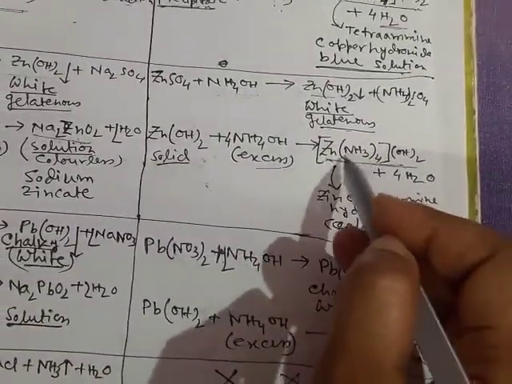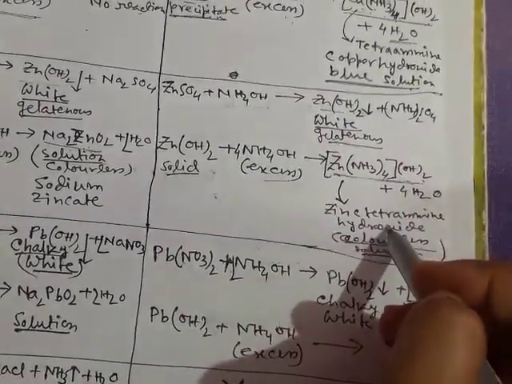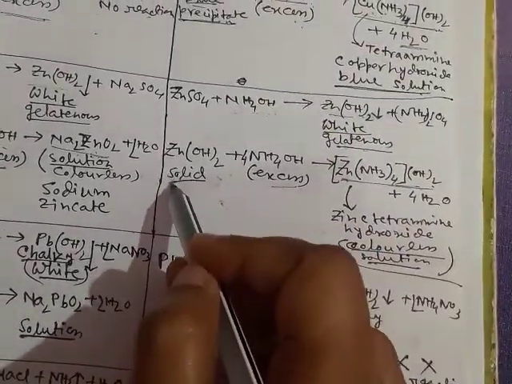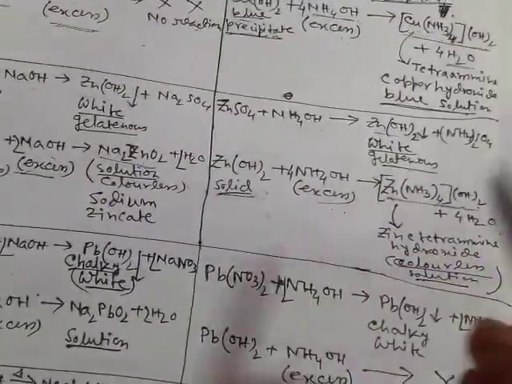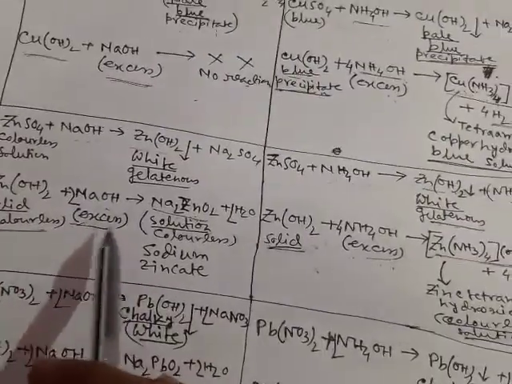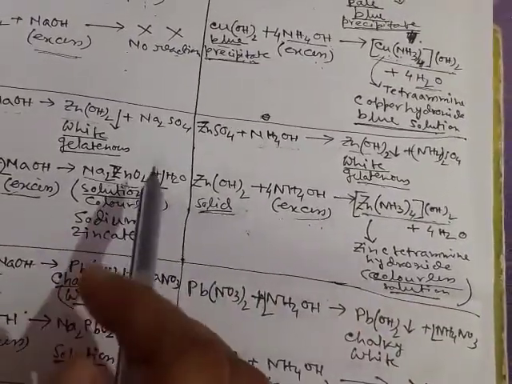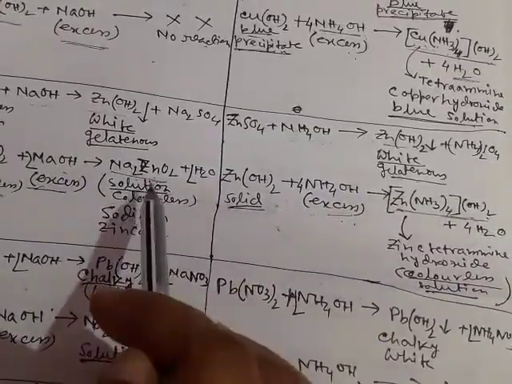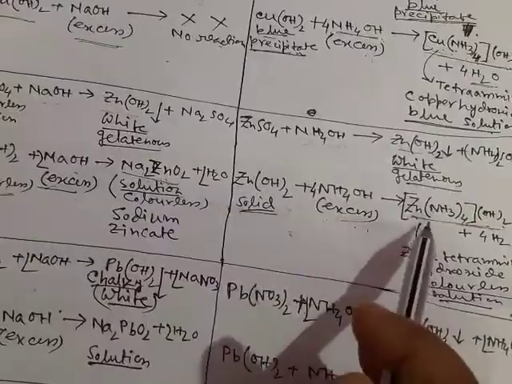The compound formed here, tetraammine zinc hydroxide, is also soluble in water, so the precipitate becomes soluble in the presence of excess ammonium hydroxide. So, for both sodium hydroxide and ammonium hydroxide, the precipitate becomes soluble, but the complex compounds formed in the two cases are different.